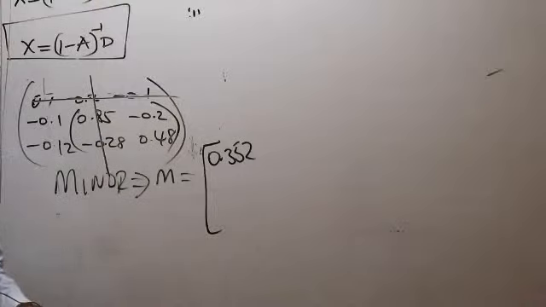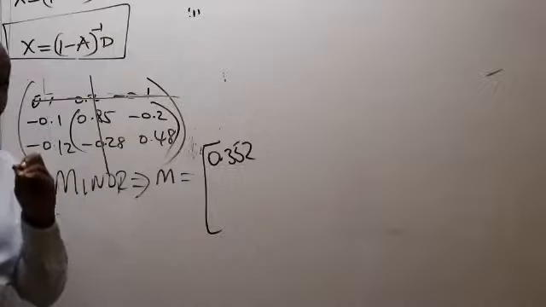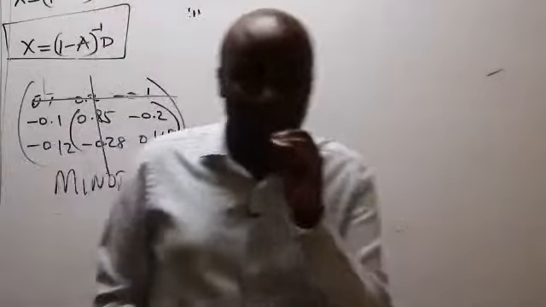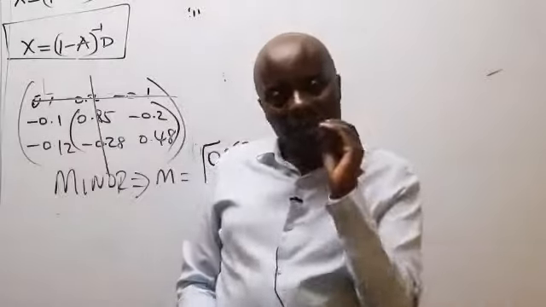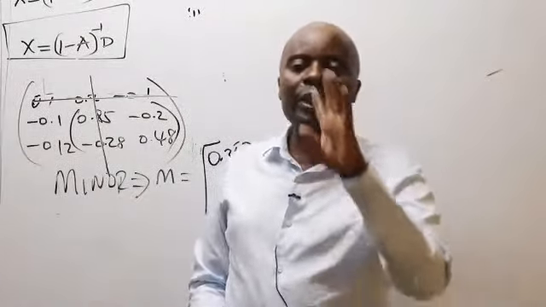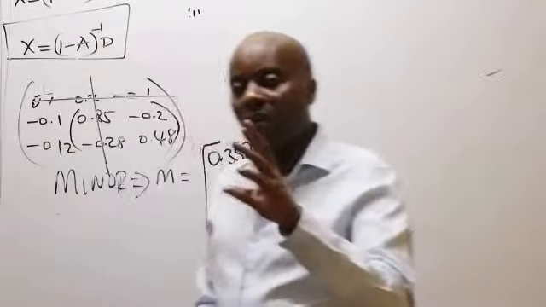Now we need to figure out the submatrix, those elements which are left uncovered. Getting the determinant of the submatrix, the 4 elements left uncovered, is as easy as a walk in the park.